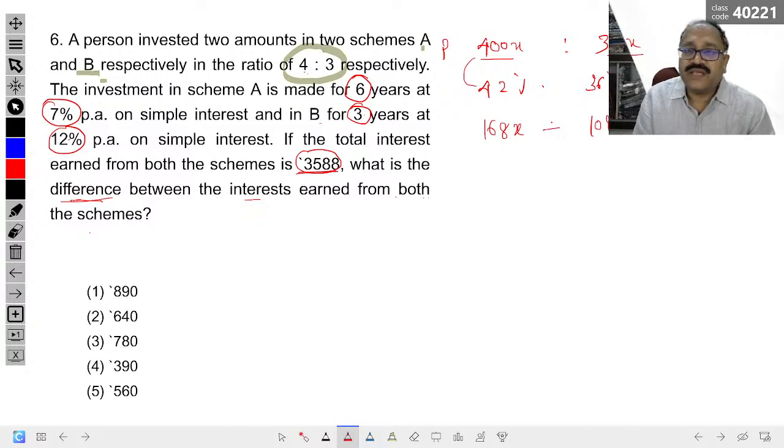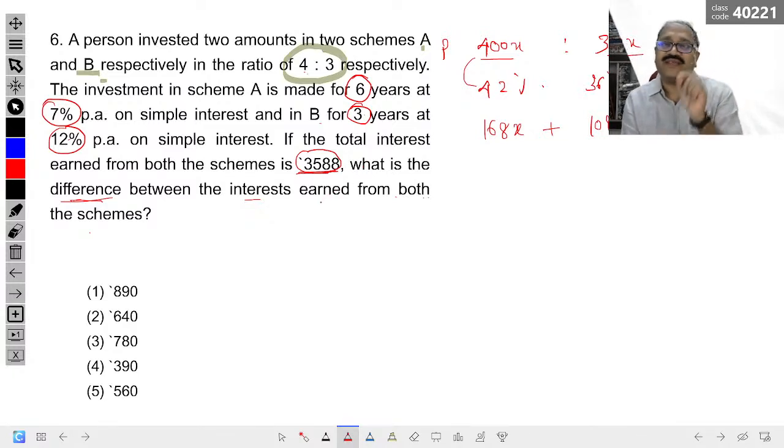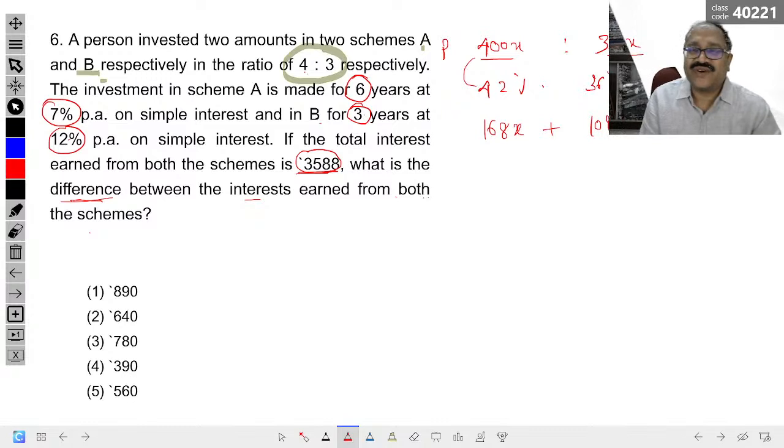And the sum of these two given to us is 3,588. So let's work it out. The sum of these two is 276x. That is what is said here. X, which is given to us, is 3,588. You are asked to find the difference between these two, which is 60x.